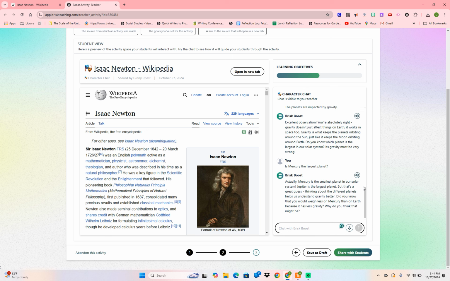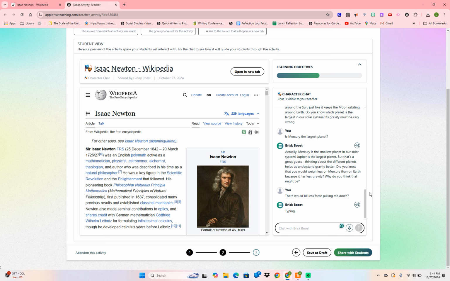So it teaches me that Jupiter is the largest planet. Did you know that you would weigh less on Mercury than on Earth because it has less gravity? Why do you think? Would be less force pulling me down?